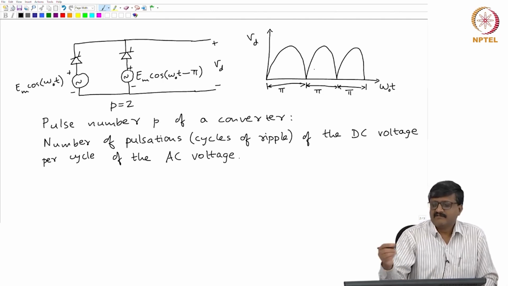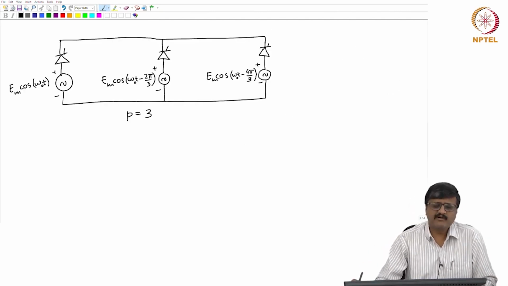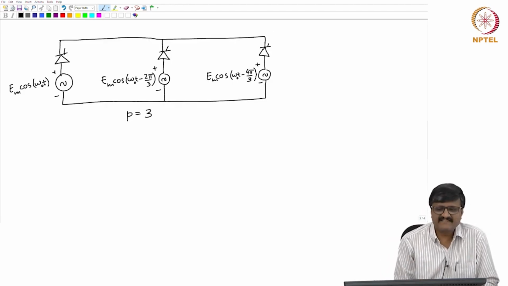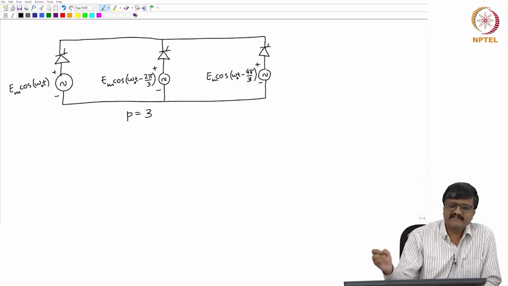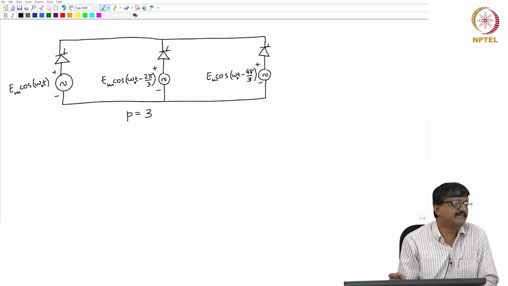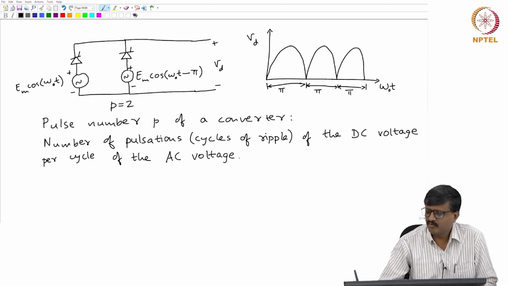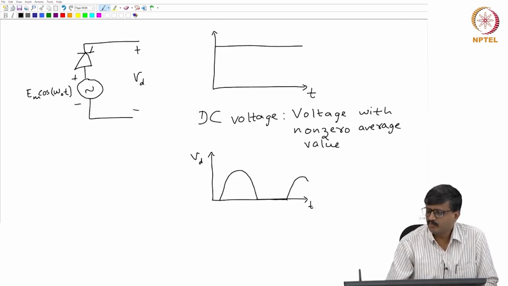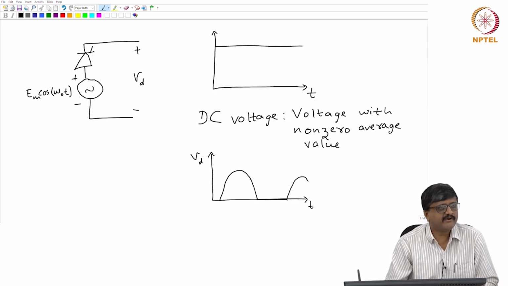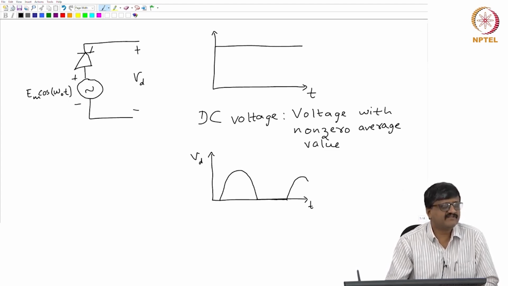Okay. So what we will try to do is, we will try to see how this can be generalized. So, in general, we can in fact say that there are many such circuits in parallel. So, what is the idea? The idea is very simple. Start with the most obvious circuit and see how to improve this circuit in order to get a DC side voltage which is close to the desired waveform, that is a constant value.